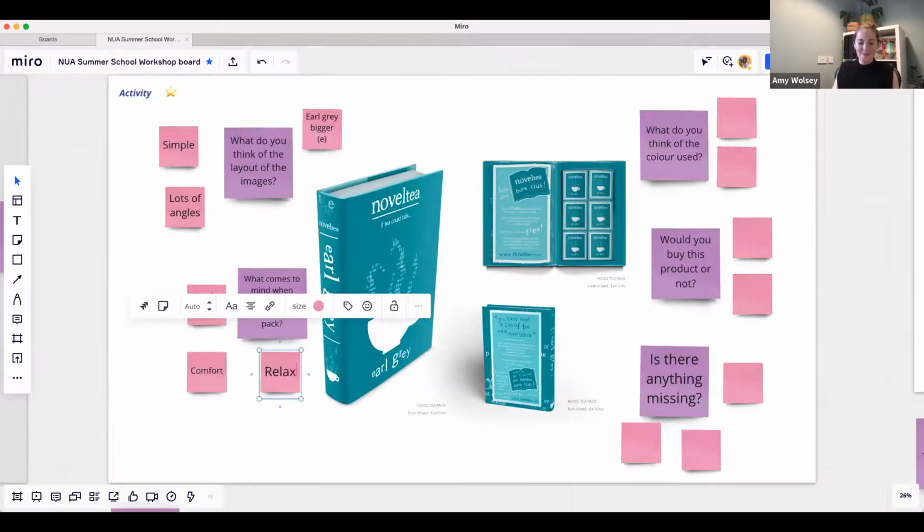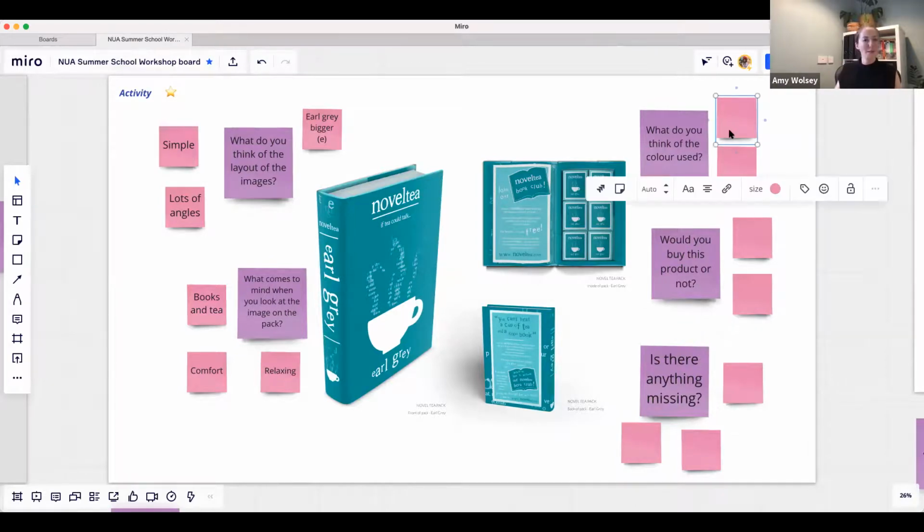Thank you, everyone. Wonderful. And that really gives me an idea as to whether the thing that I was trying to get across, my idea, came through. By your responses there, I can already tell that those are the things that I definitely want people to be thinking about. I want them to relax, I want them to be comfortable, and I want them to be thinking about drinking tea and reading books. Perfect.